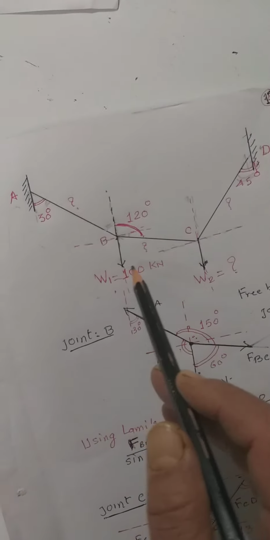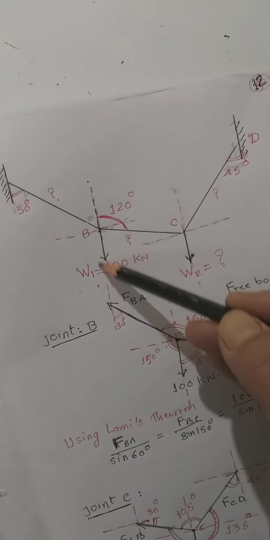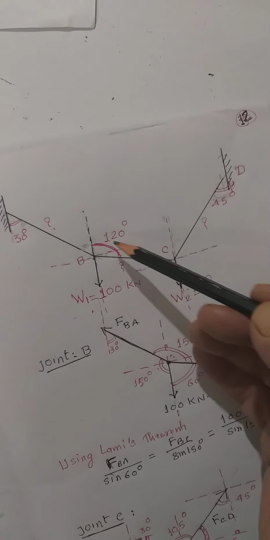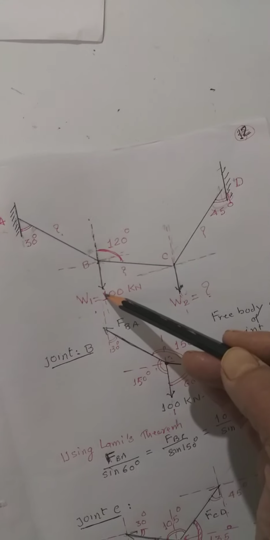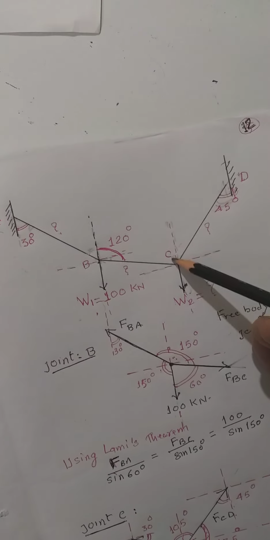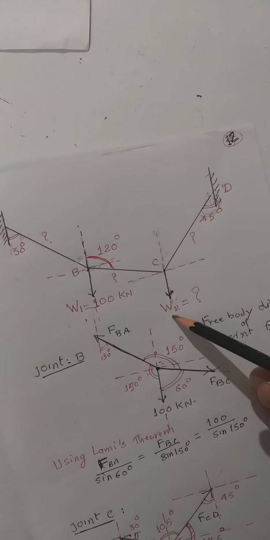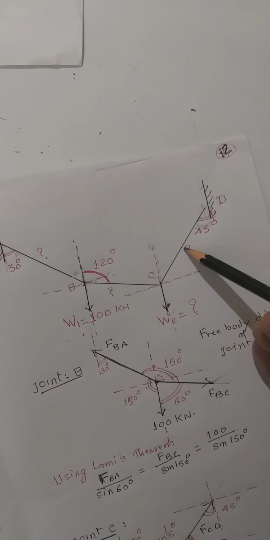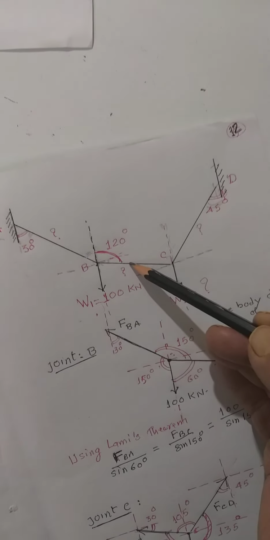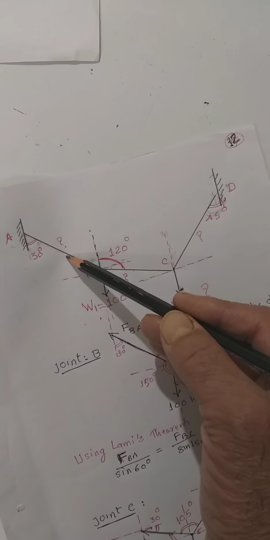There are 2 loads applied, one at B and the other at C. The magnitude of the loads is already given, and you are supposed to find out this unknown force as well as the force in this rope, this rope and this rope.